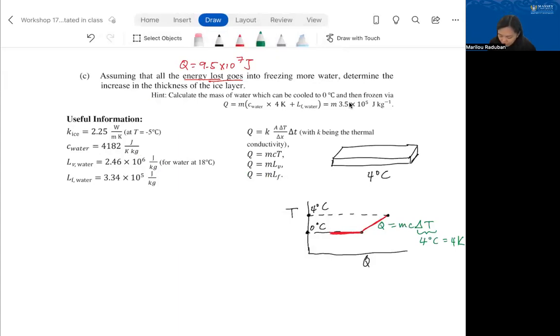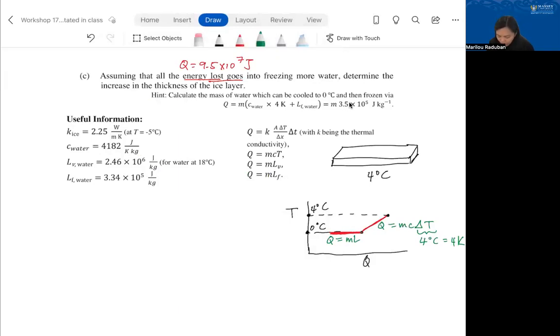And then when all of your water is at 0 degrees Celsius, that's when you can have freezing. So you have the phase change, Q equals mL, as the water freezes at 0 degrees Celsius. Right, so you have this two-step process.